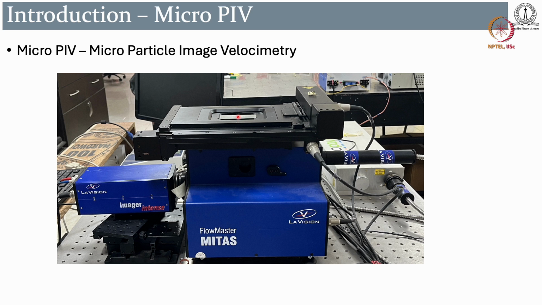Now what we have on top is basically an objective, a microscope objective, and this is the sample which you want to visualize. Here you can see a small spot, and that is basically a droplet, and it has some fluorescent particles inside it. Now when this laser comes here and goes up, this fluorescent particle will emit light of the required wavelength, basically whatever it is made to do.